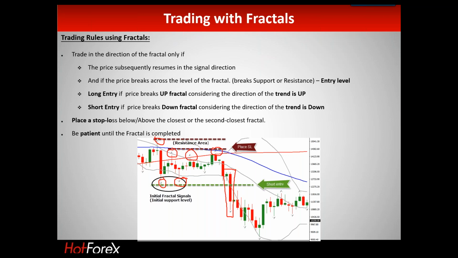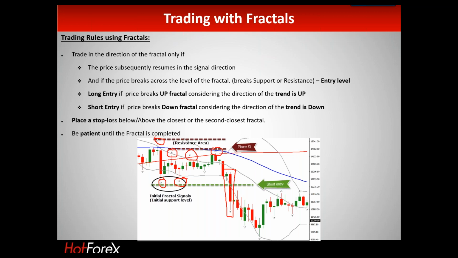So once you see something like that and you enter the market to the downside, you open a short position, then you can set your stop loss up above the latest up fractal, which was in this area. So the latest up fractal was this one over here. So you could have set your stop loss over here.